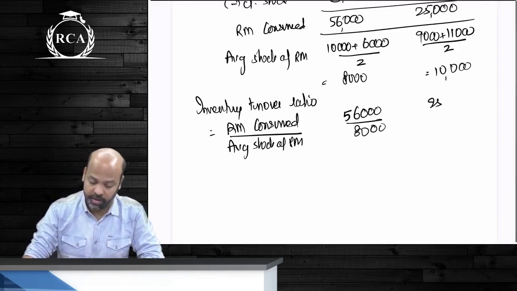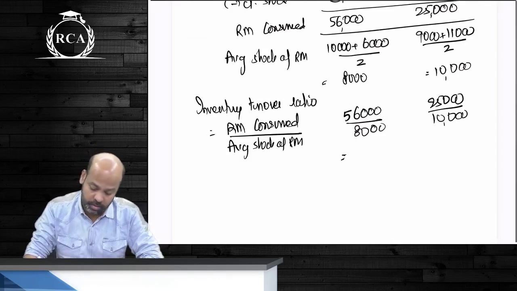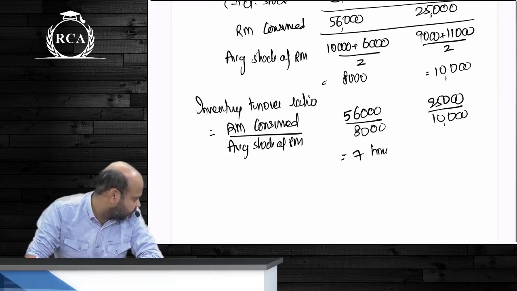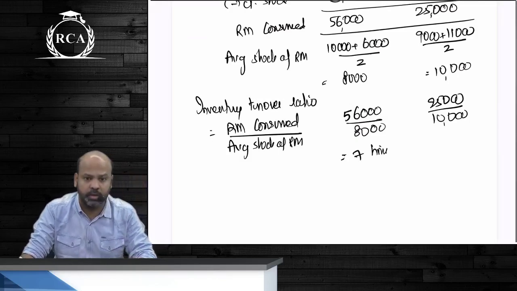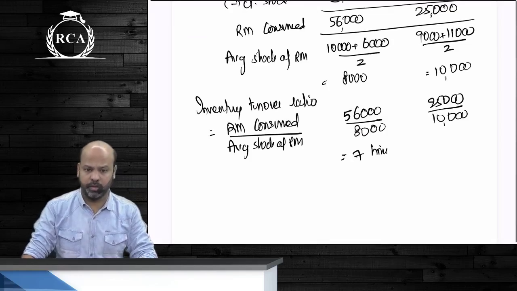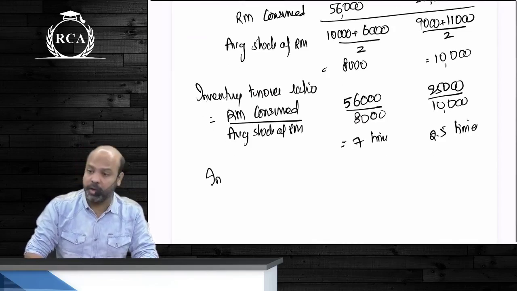The next one beta is 25,000 divided by 10,000. For the first item beta it will be 7 times. For the second one beta it will be कितना, 2.5 times. Based on this beta you're going to get your inventory holding period.